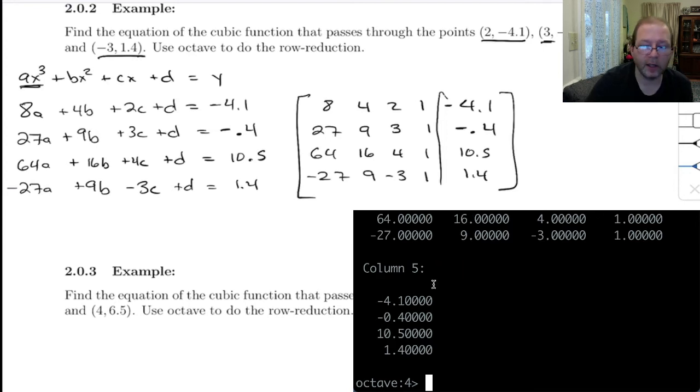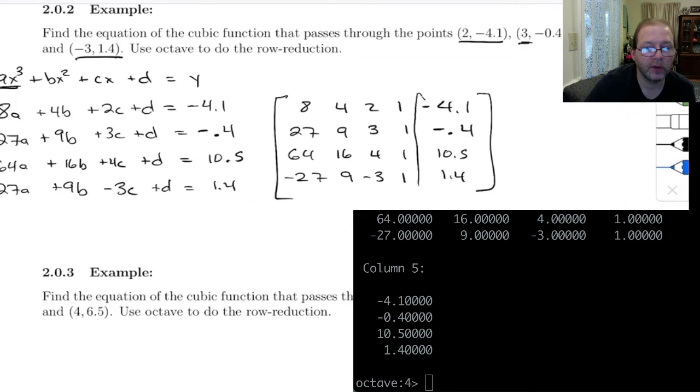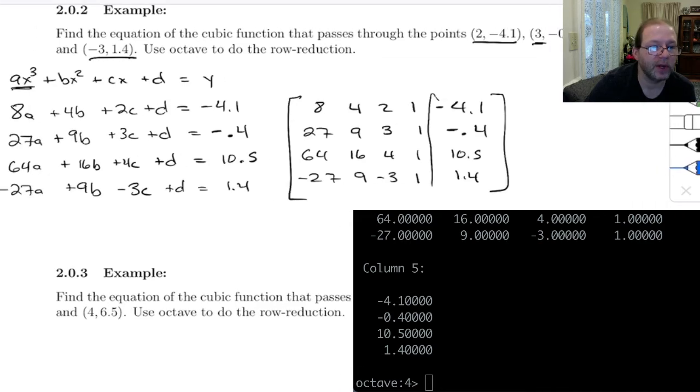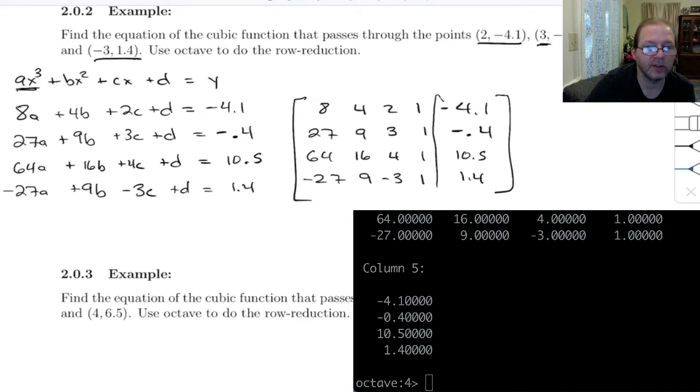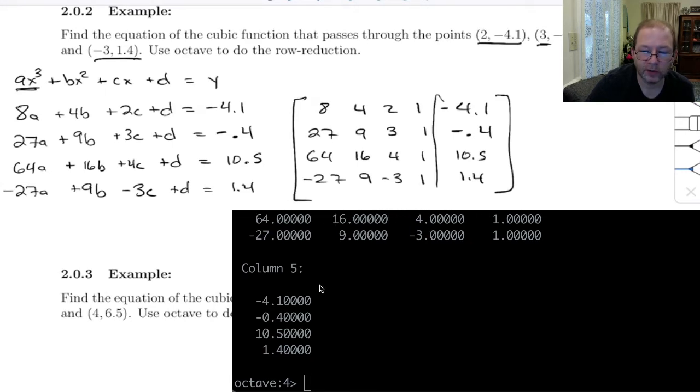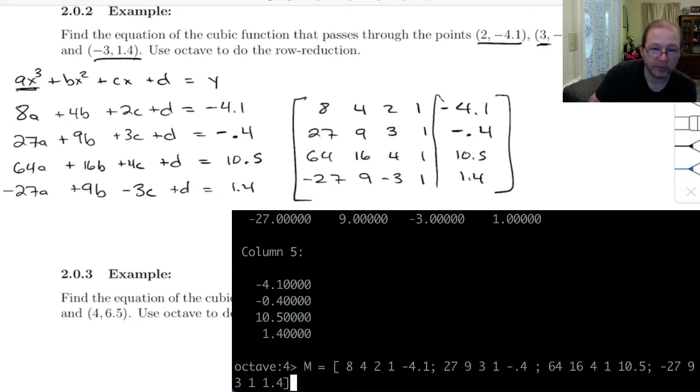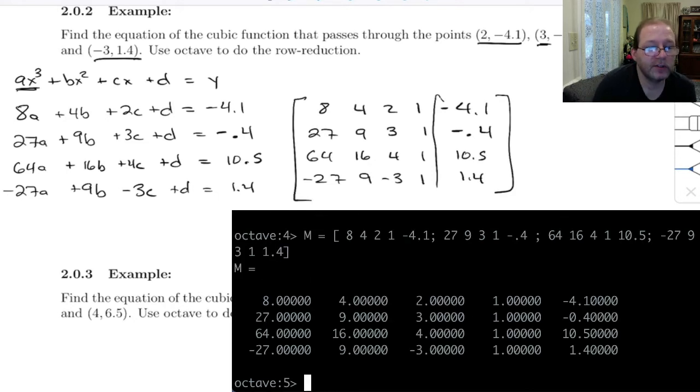All right, and let me stretch this out. When matrices get too long, Octave will break them up into a couple of lines, which is not fun to try to read. So let's do that again. I'm just going to press the up arrow to give me the same thing I just typed in. So 8, 4, 2, 1. All right, that looks good.